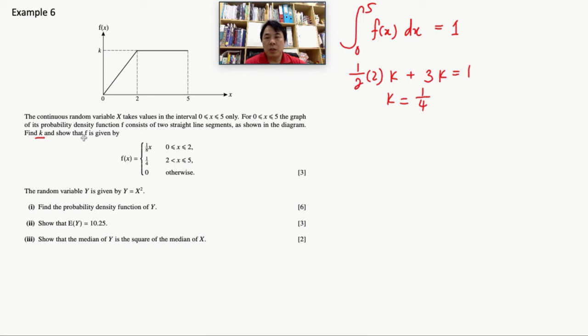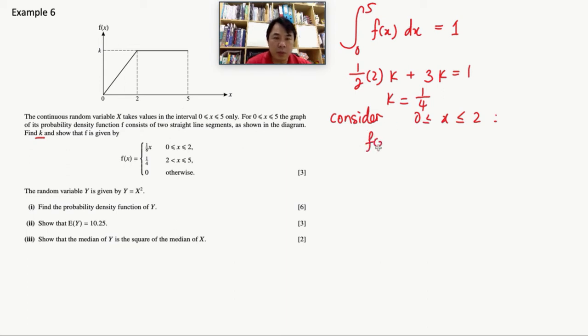And then next we're going to show that the piecewise function can be written as such. Now to do that we're going to concentrate on this interval. Consider the domain of x lying between 0 and 2. Now that is given by this straight line equation. It is quite easy. It passes through the origin.